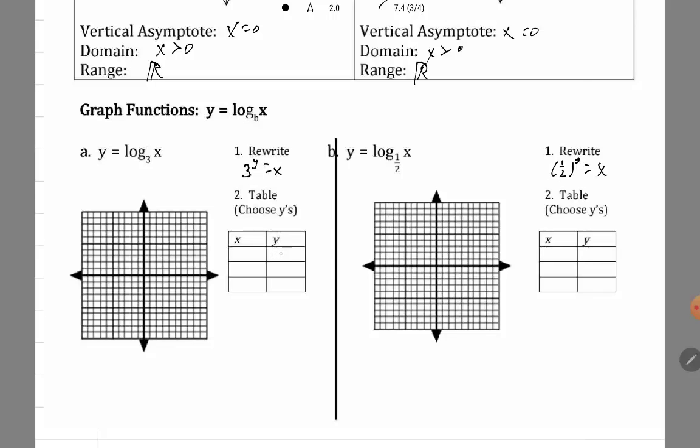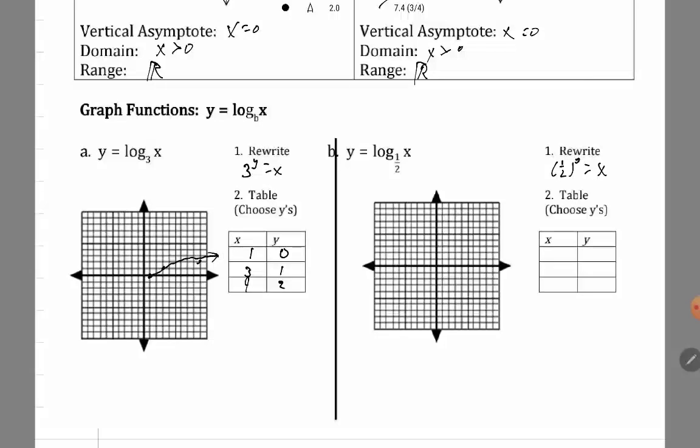Because 3 to the 0 is 1, 3 to the first is 3, and 3 squared is 9. So we're going to write these down: 1, 0, 3, 1, and 9, 2.